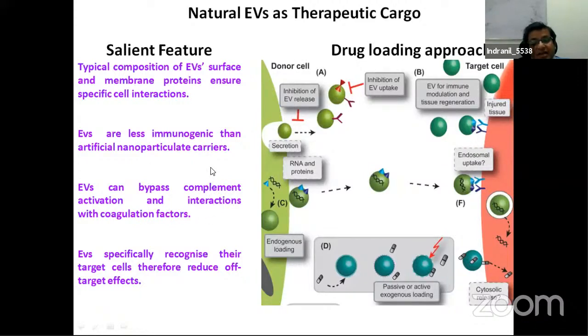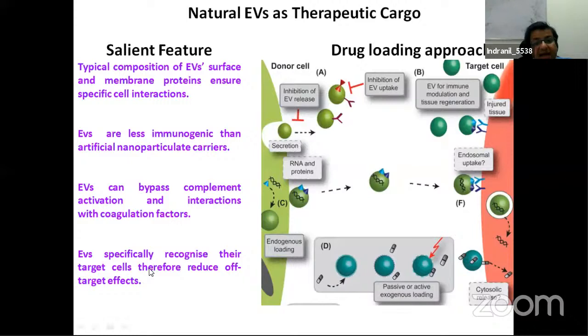These two are very key parameters, because if you want to use these membrane vesicles as a drug delivery cargo, when you administer them inside the body, they won't react with complement or interact with coagulation factors. As a result, their persistence in the blood will remain for a longer time, so there is a possibility that you can get a more desired outcome.